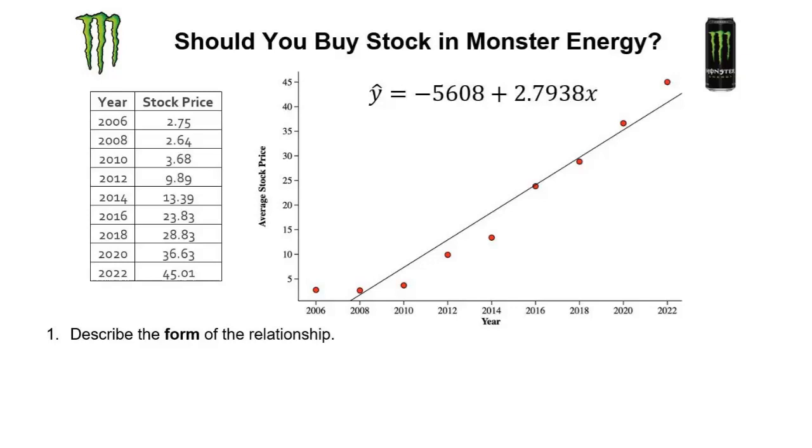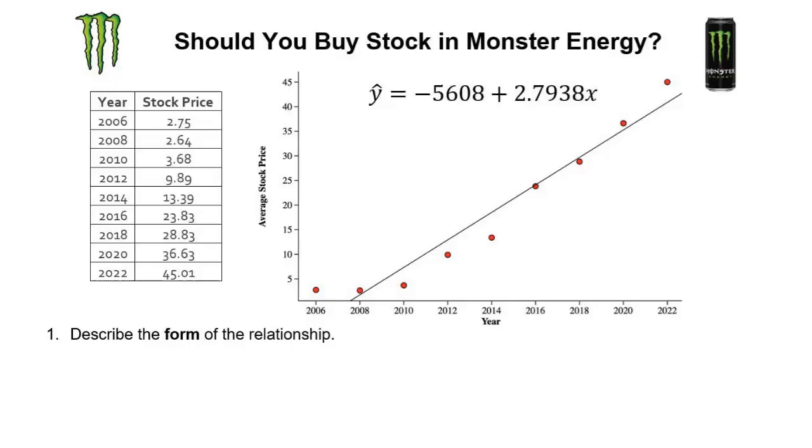I would like for you guys now to use this equation right up here. That is our least squares regression equation, and I'll explain what all those words mean in a little bit. I keep calling it the least squares regression equation. I'll explain that today. It's our line of best fit.